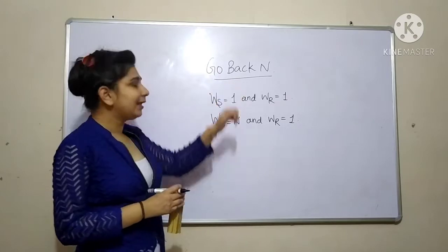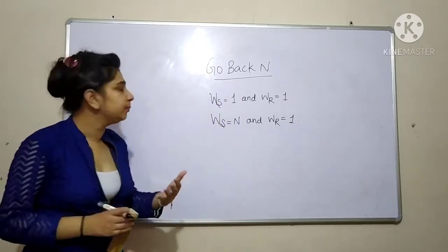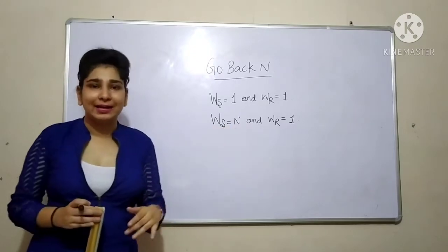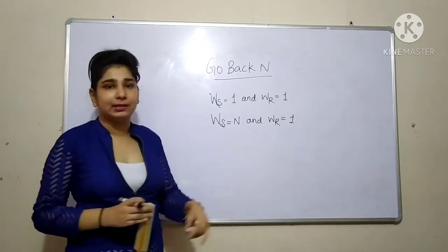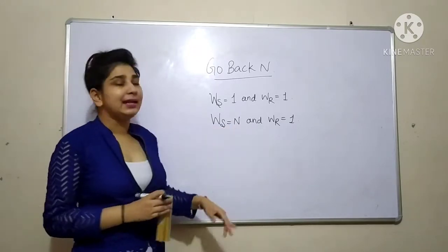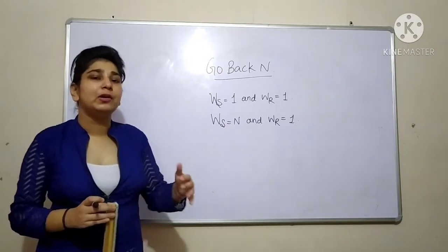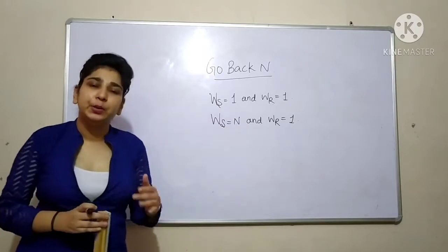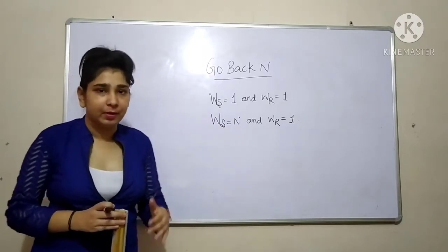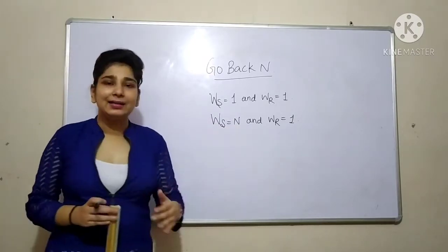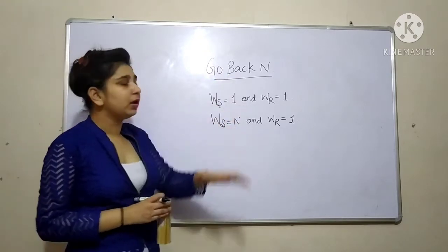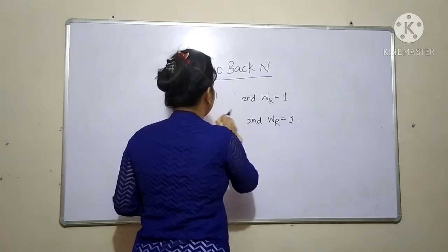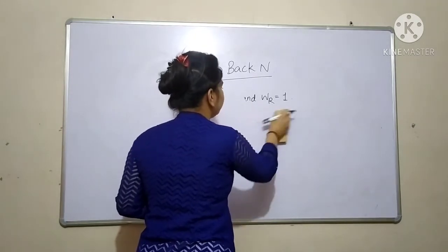But in Go-Back-N we improve the efficiency by sending more packets in one cycle, so that the sender remains idle for less time. The sender can remain busy and utilize its time. That is the basic improvement over stop and wait. Now let me give you a complete overview of Go-Back-N.